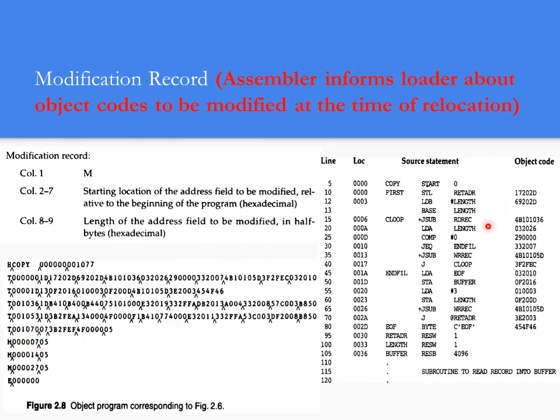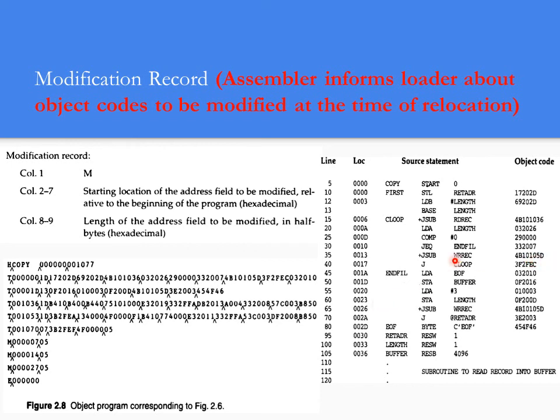So the assembler informs the loader with the help of the modification record that this particular location has to be modified. Let us look at another example: plus JSUB WRREC. Again the first 2 locations store the opcode. Then starting from 0105D, this has to be relocated.